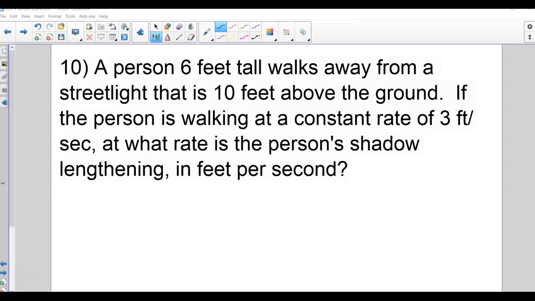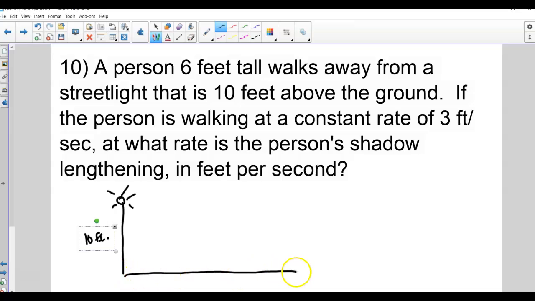So in this case, we have a street light here, and it is 10 feet tall. And then we have a person that is walking away from that street light.